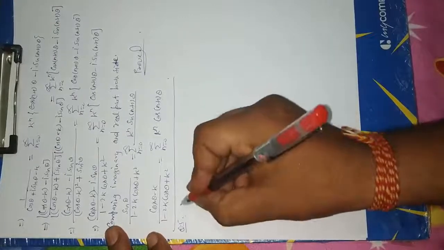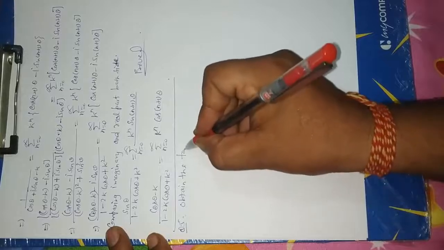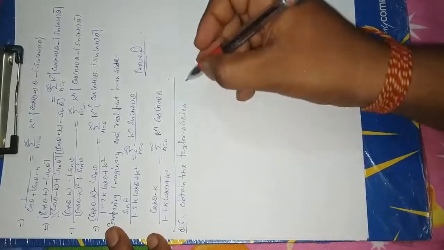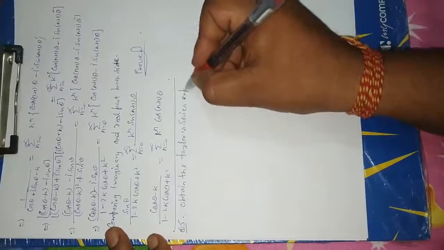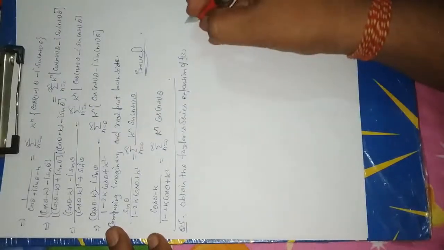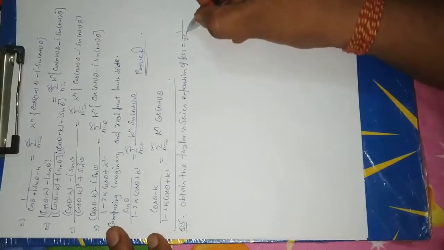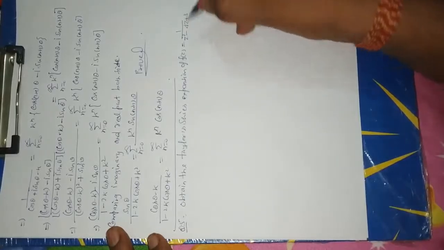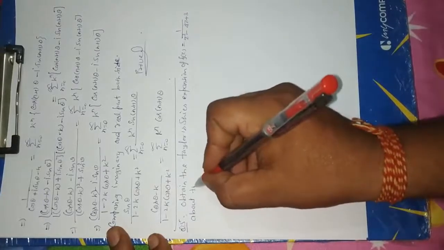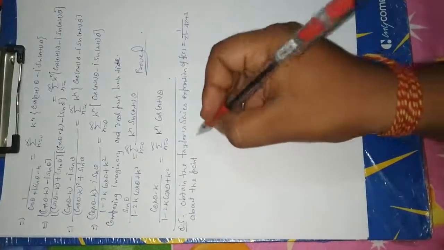Obtain the Taylor series expansion of f(z) equal to 1 upon z square minus 4z plus 3 about the point z equal to 4.